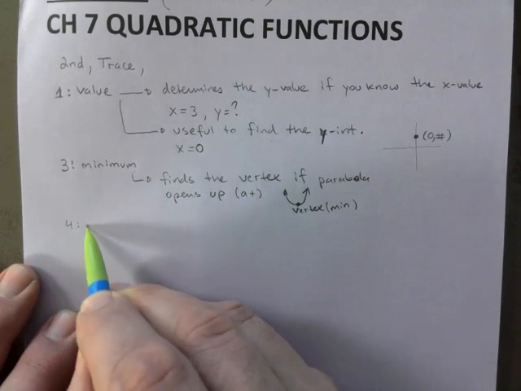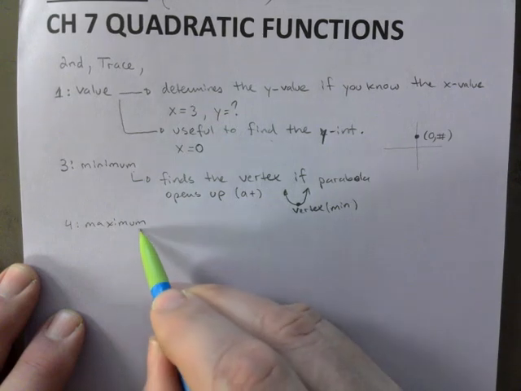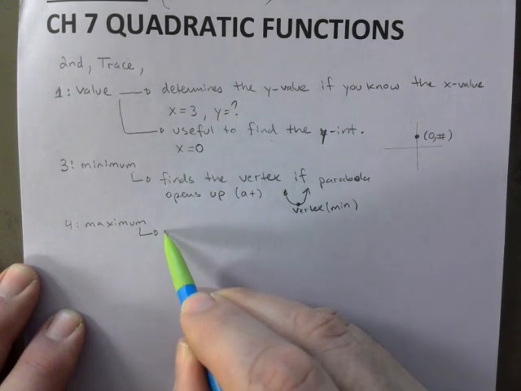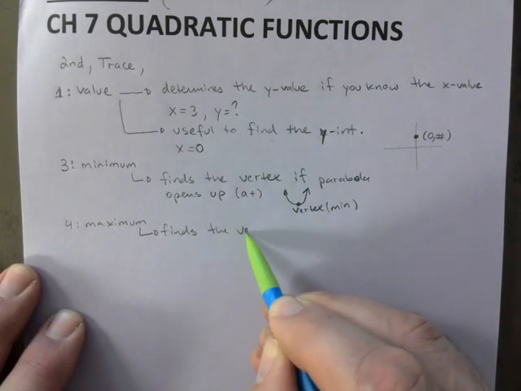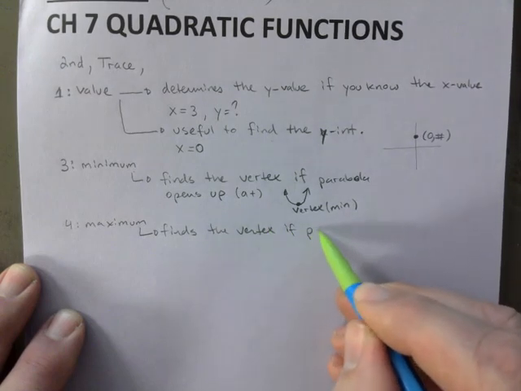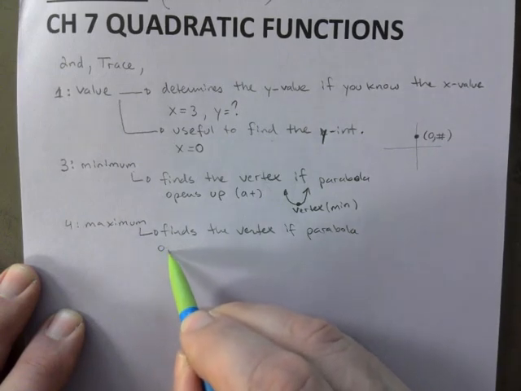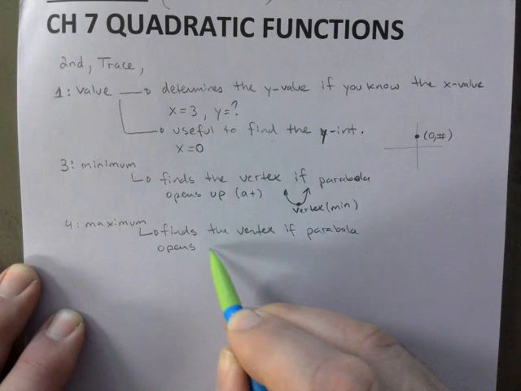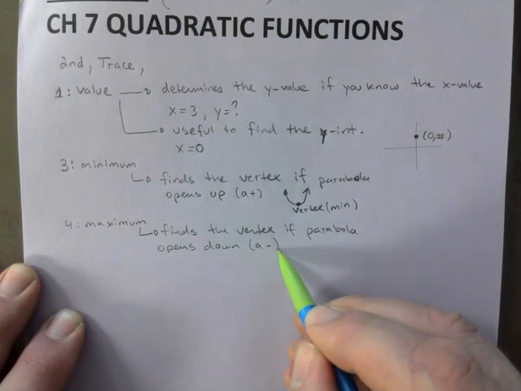Guess what? 4 is maximum. Guess what that does? Finds the vertex if the parabola opens down, in other words, A is negative.